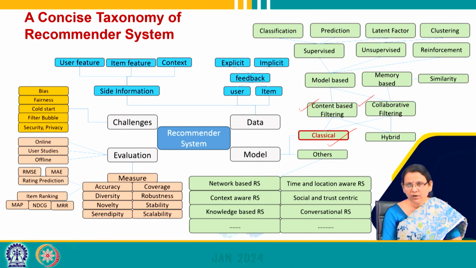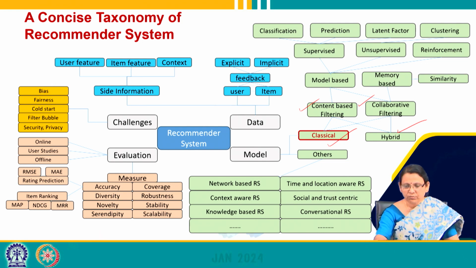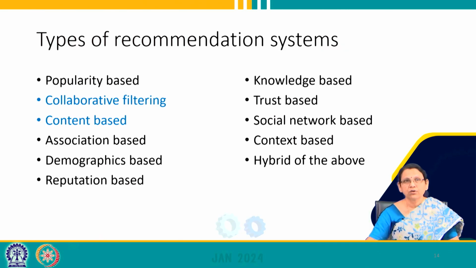In their purest form, they have certain ways in which you can make this rating prediction. There are certain hybrids as well, which combine the idea of both. Now, there are various ways you can make models, but those things we are going to deal with in detail later on. Right now, let us just look at what are the various types of recommendation systems.